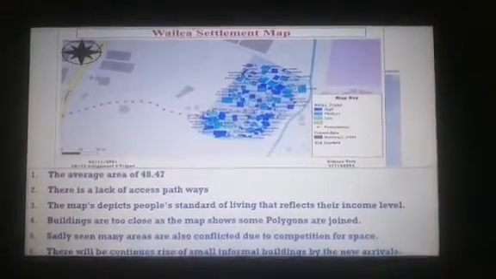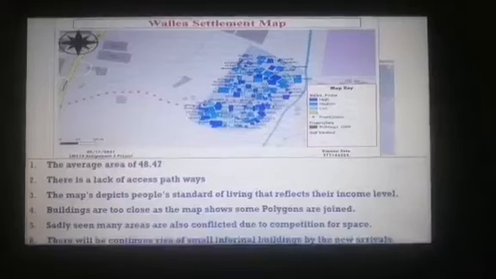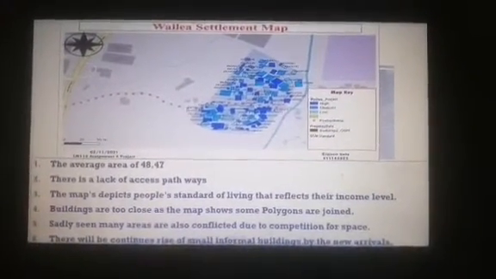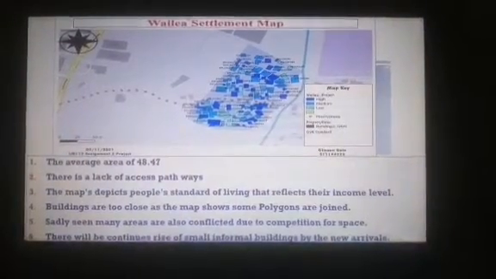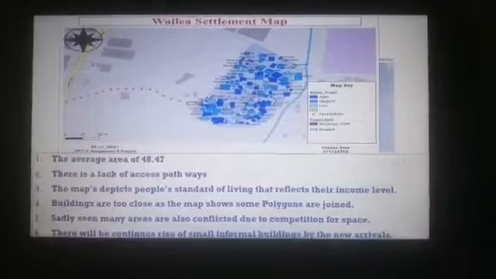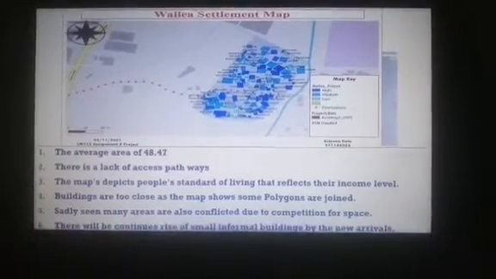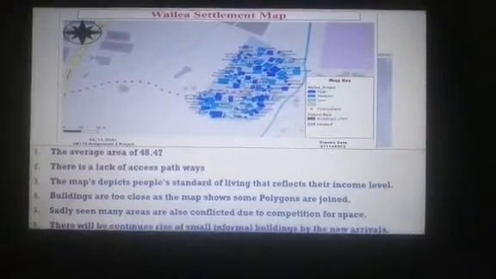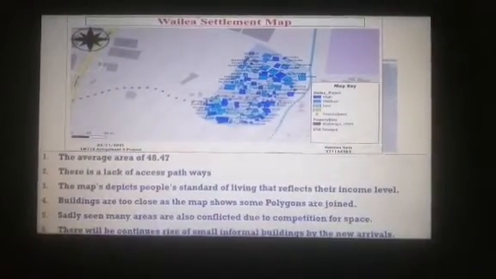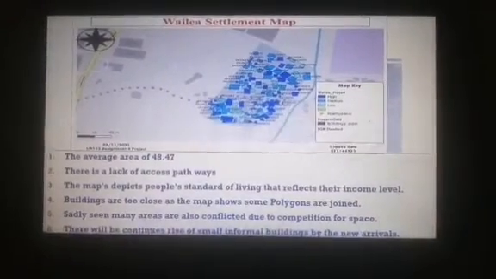In point 3, the map depicts people's standard of living that reflects their income level. Within the Wailea settlement, the standard of living depends on the level of income that people earn. Those with primary education earn low income that ranges from 0 to 5,000, which makes it difficult for them to have their own water, electricity, and proper sanitation.